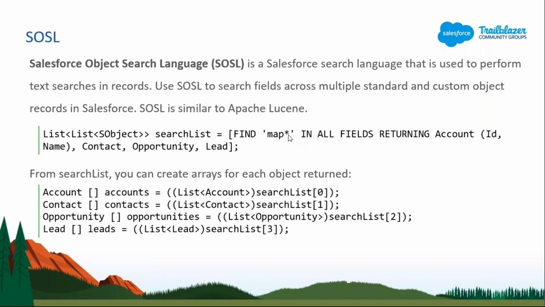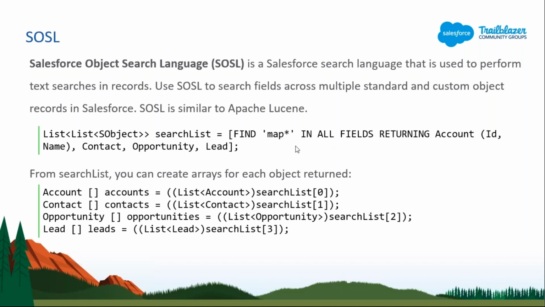So we can use star if we are going to fetch records which contain map at the beginning. In all fields, every field, it will search. You can give that in the name field, you can give it in the email field, like that. And if you use all fields, then it will search for map at the beginning of the name.